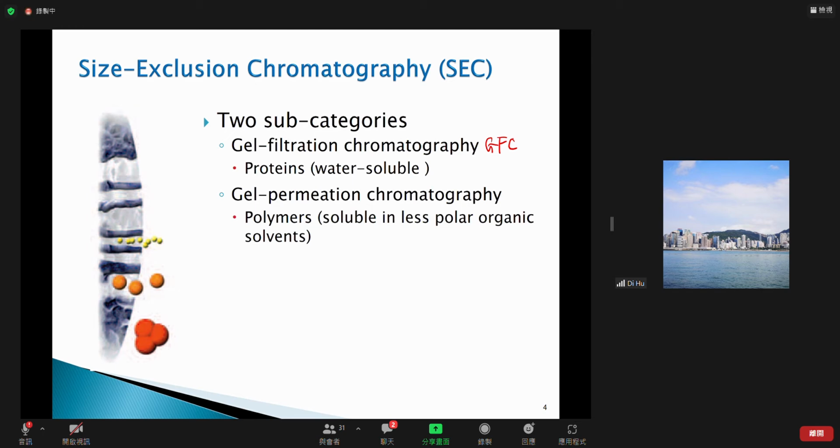No. The main task of the mobile phase is just to carry the molecules through the column. It's a solvent. Its function is just to dissolve the analyte, making a solution, so they can go through the column. Basically, as long as a compound can dissolve in the mobile phase, it can be eluted in SEC.